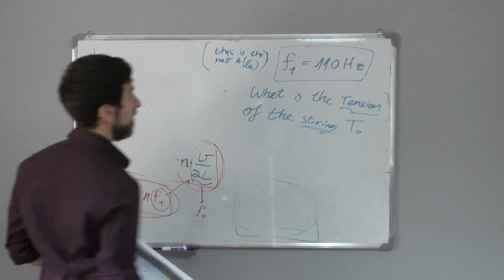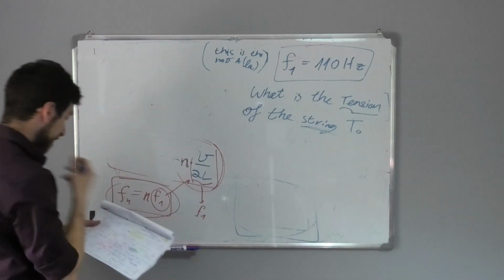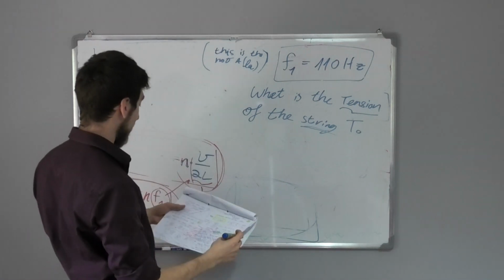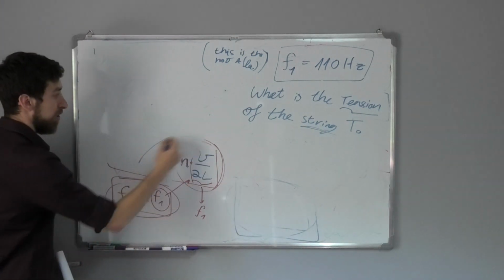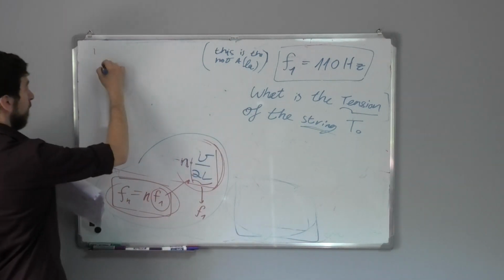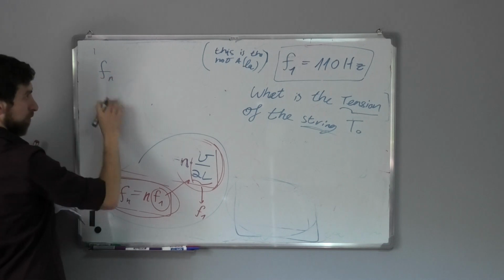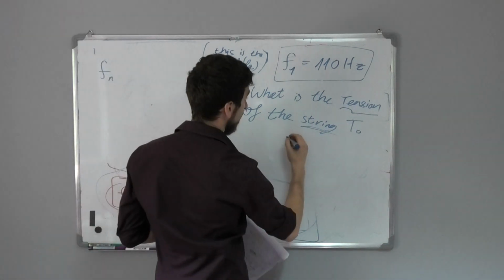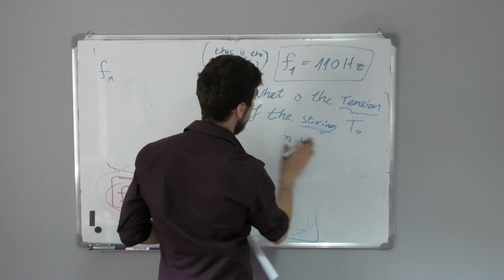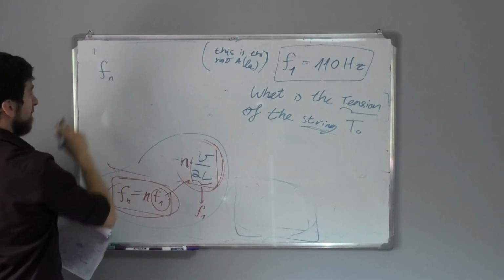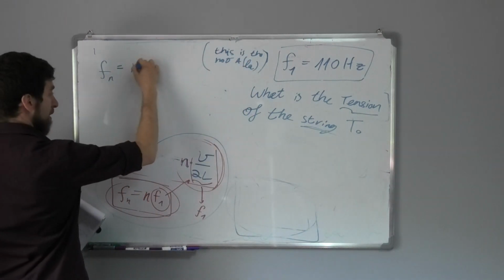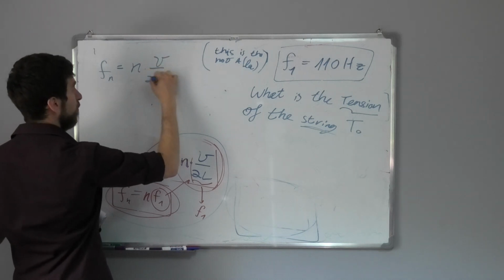To find the tension, I want you to go back to the equation of the frequency. So Fn is equal to n multiplied by V over 2L.